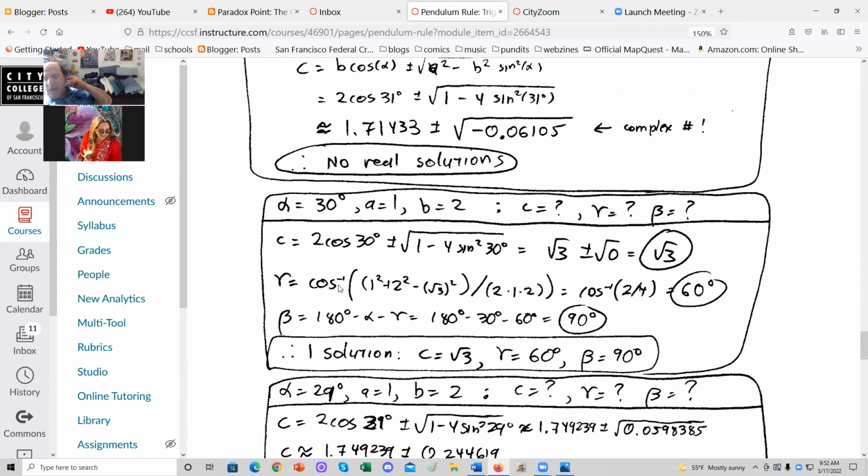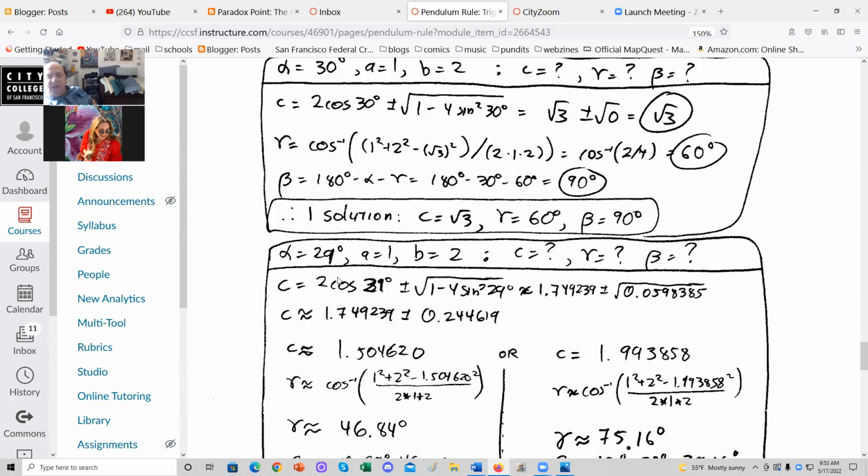If you calculate gamma, it's going to be arc cosine of 1 squared plus 2 squared, those are A and B, minus root 3 squared, that's C squared, over 2 times 1 times 2. And this works out to arc cosine of 2/4, which is 60 degrees. For beta, we subtract alpha and gamma from 180, get 90 degrees. So we actually get a 30, 60, 90 triangle. C is root 3, gamma is 60, beta is 90.